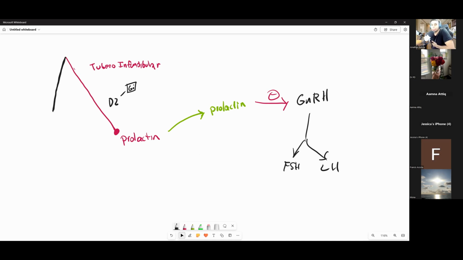If this prolactinoma continuously keeps on growing, it can definitely cause a bilateral, what is this called? Who remembers? When the patients have hemianopsia?